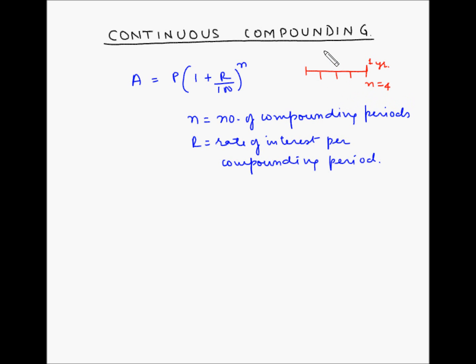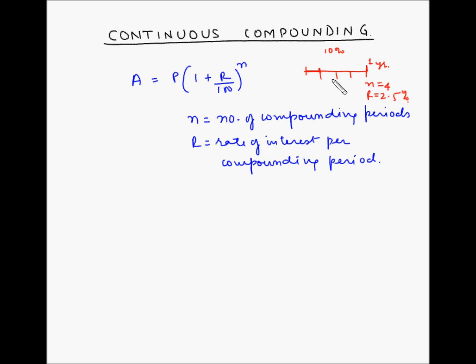And if the annual rate of interest was, say, 10%, then R is the rate of interest per compounding period. So R, which was the rate of interest for each quarter, will be 10 divided by 4, because there are 4 quarters. So R was equal to 2.5%. 10 divided by 4.